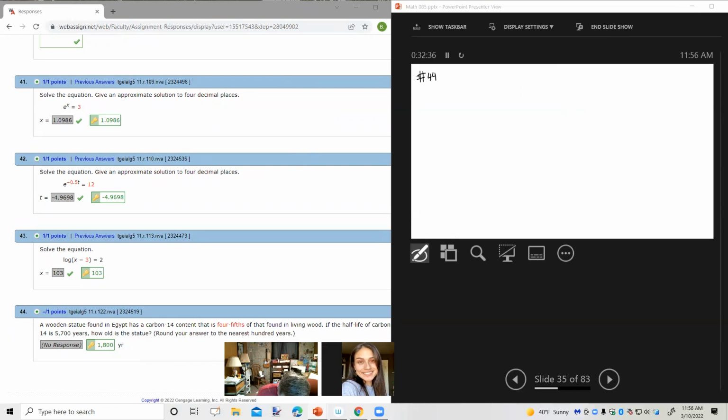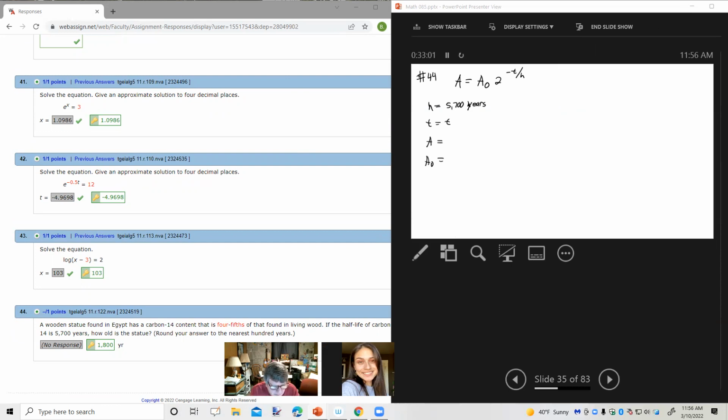All right, so we're going to use A equals A naught 2 to the negative T over H. And we know that the half-life is 5,700 years. And let's see, we're supposed to find time is the unknown, ending amount, and beginning amount.